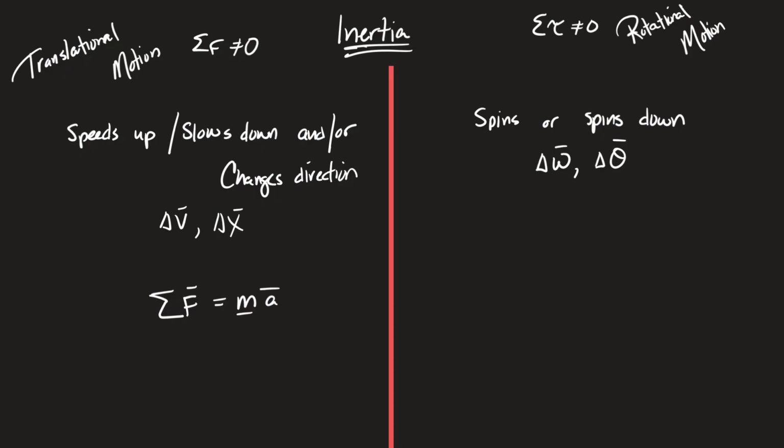Objects that are big are more difficult to change. If this number gets bigger, this number gets smaller. Right? So if you push on a big table, M is big, A is small. You push on a small Hot Wheel car, M is small, so A is big. It's how effective that force is. This part is how hard you push. Right, that's what that part is.